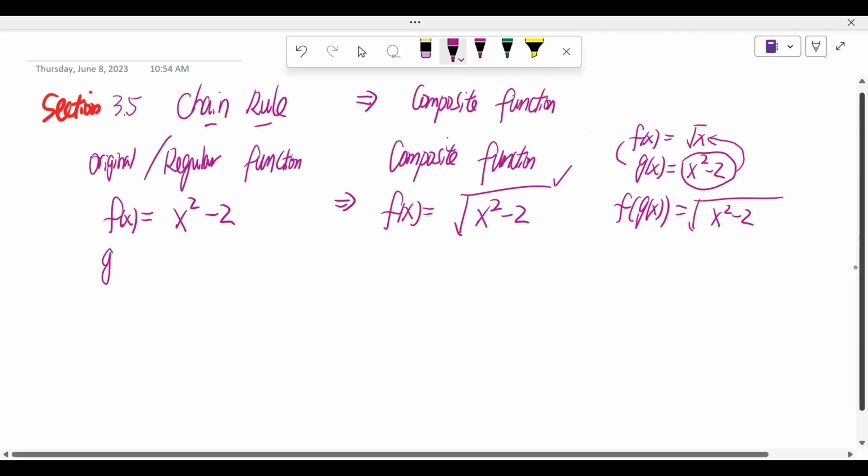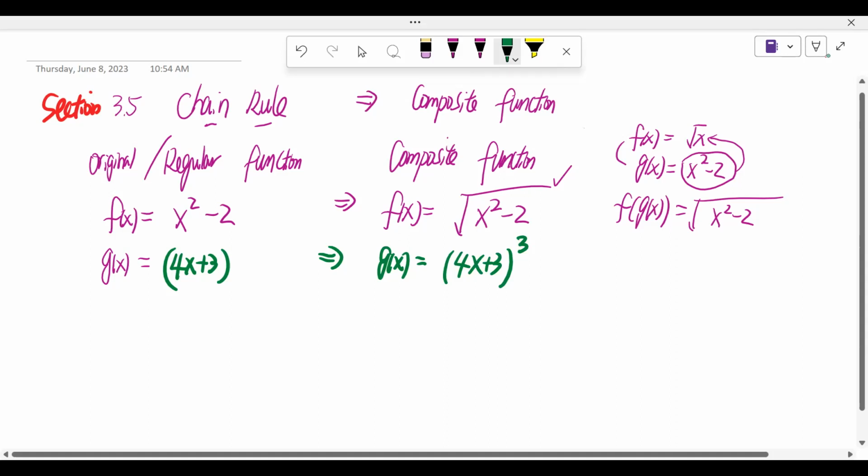Let's say another function, we change maybe colors, is 4x plus 3. And then the composite function will be 4x plus 3 to the third power, something like that.